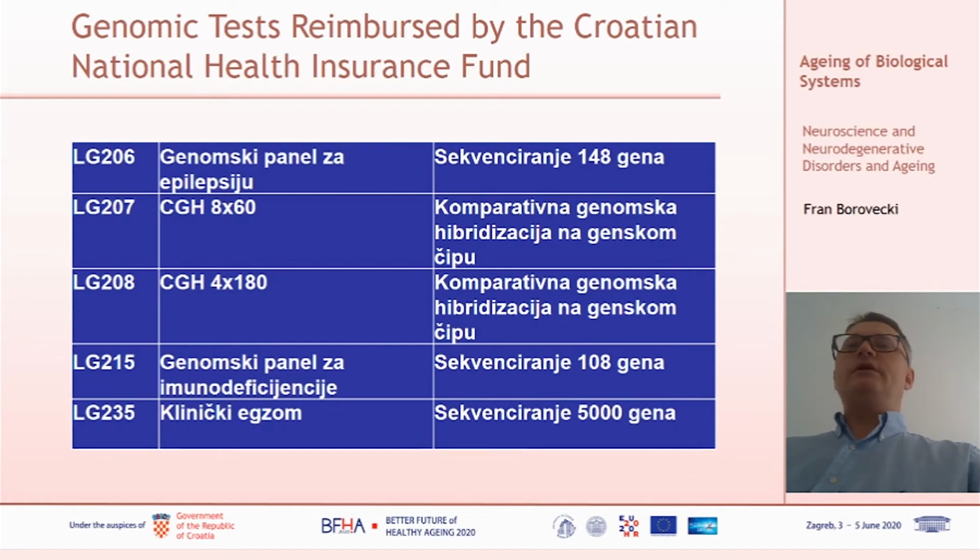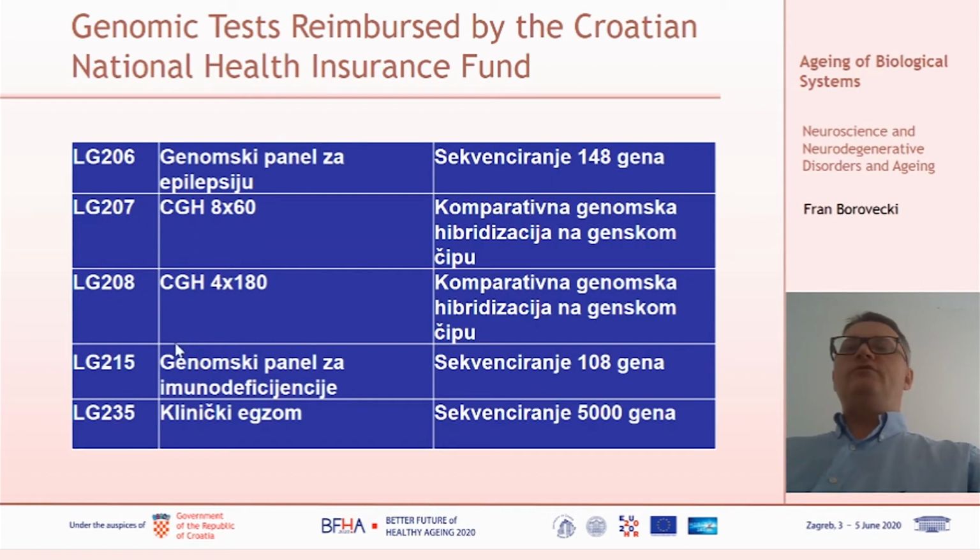Together with this, I have to say we're happy that we're able to include quite a few genomic diagnostic tests on the list of tests reimbursed by the Croatian National Health Insurance Fund. These include a genomic panel for epilepsies, which we've been performing for 5 years now, as well as gene chips.